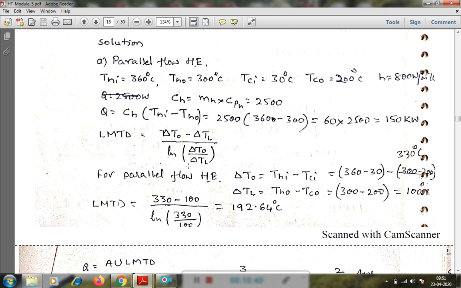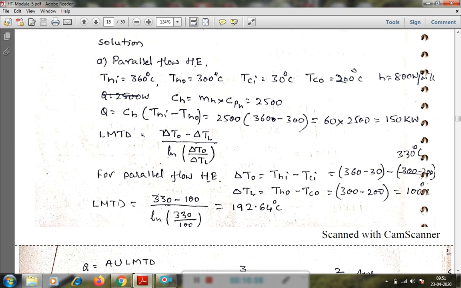For the parallel flow heat exchanger, delta T naught is Thi minus Tci, that we can write as 360 minus 30, which is 330. Then delta TL is Th naught minus Tc naught, that is 300 minus 200, that is 100 degrees Celsius.